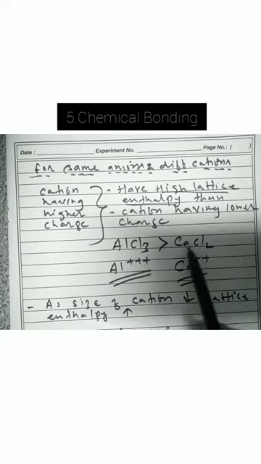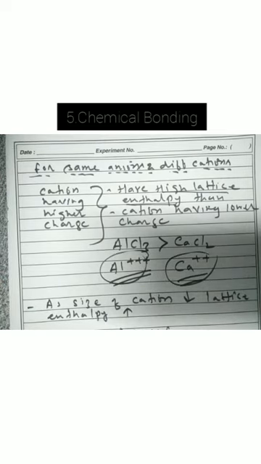Now in the case of calcium chloride, when it is ionized, it will form Ca2 plus and 2 Cl minus. Each Cl acquires 1 minus charge. So here the cation has 2 plus charges, and in AlCl3 the cation has 3 plus charges.